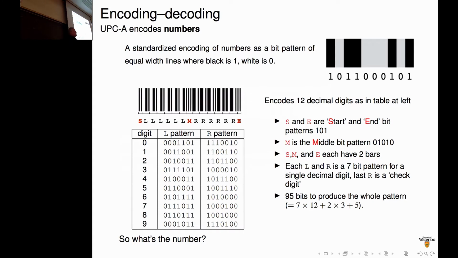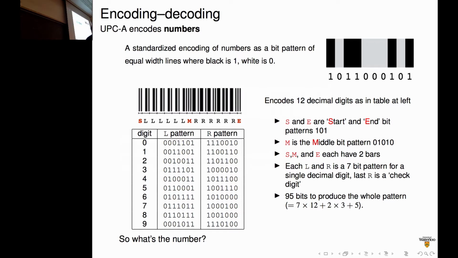And the rules are, this is constructed in a very special way. It's constructed to have a start digit, an end digit, a middle digit, and then a whole bunch of left digits, a whole bunch of right digits. And these are bit patterns that encode these digits, 0 through 9. So for example, a 0 is going to be 0, 0, 0, 1, 1, 0, 1 if it appears on the left, and 1, 1, 0, 0, 1, 0 if it appears on the right.